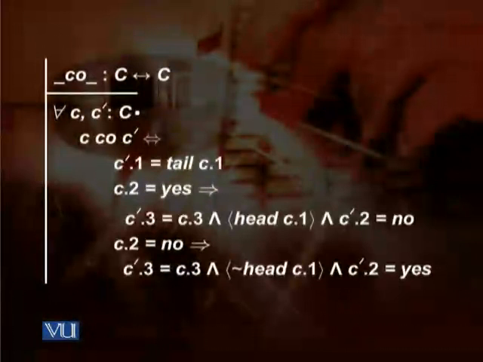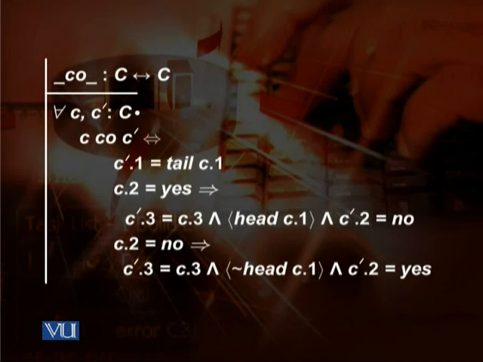So here is our version of this C0 operation. Once again, we have C and C dash, and we say C0 C dash is equivalent to C dash dot 1 is equal to tail of C dot 1. So we are simply looking at the rest of the sequence that we have.